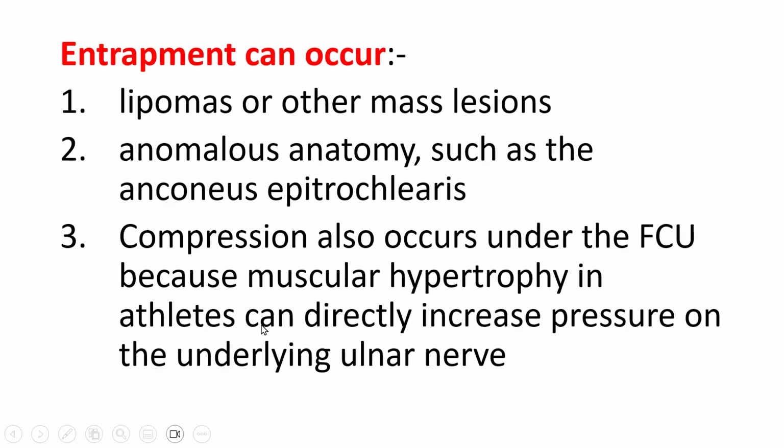Now, you can have lipomas or mass lesions, anomalous anatomy such as anconeus epitrochlearis. Compression also occurs under the flexor carpi ulnaris, which we mentioned, because of muscular hypertrophy in athletes, and this would result in direct pressure on the nerve.